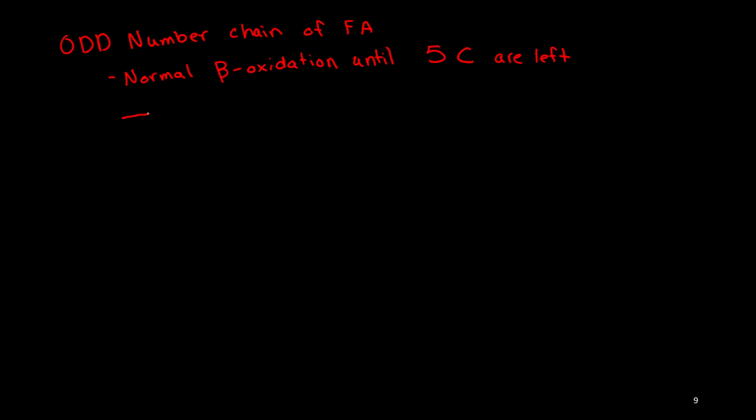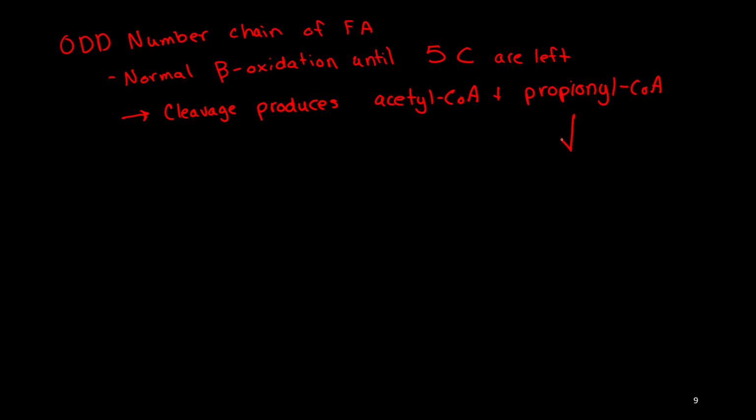At that point, it is going to go through another cleavage, but this is going to be different. Cleavage of this 5 carbon molecule is going to produce an acetyl-CoA plus propionyl-CoA. Propionyl-CoA is going to go through a few reactions.